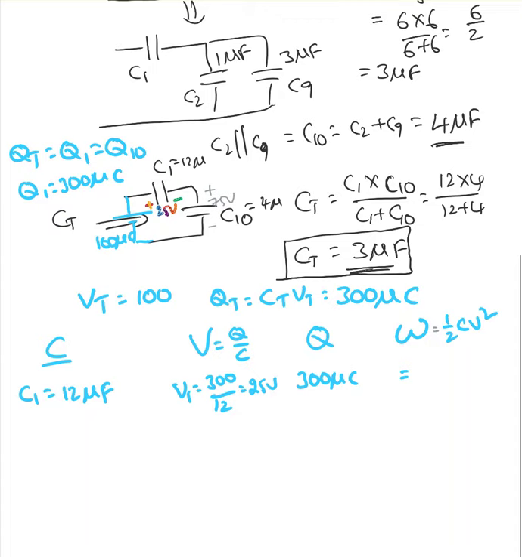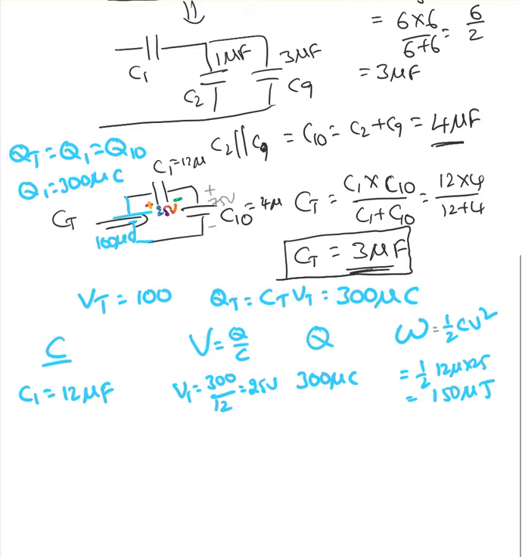So C1, half times 12 micro times 25 squared, so 25 times 6, which is 150 microjoules. That's the energy stored in capacitor 1.